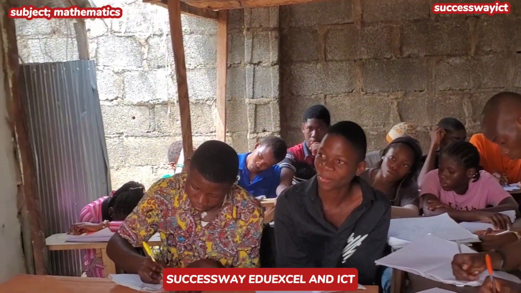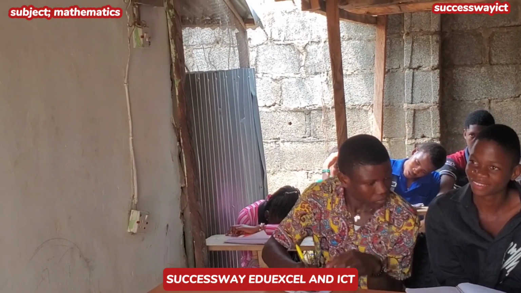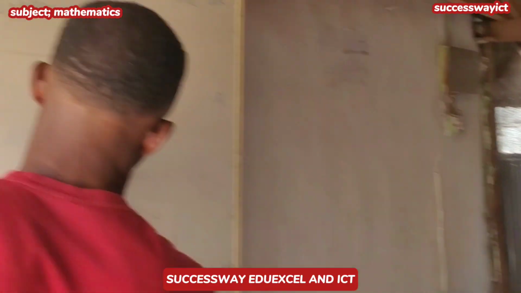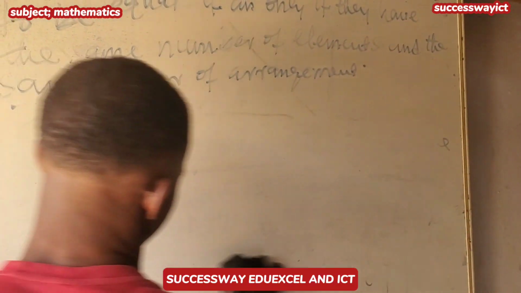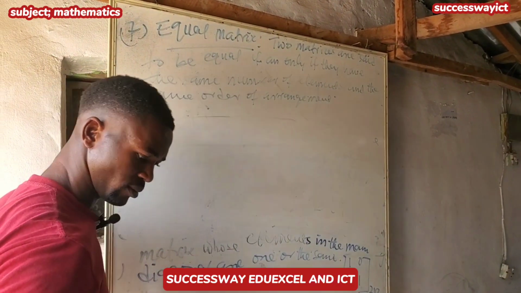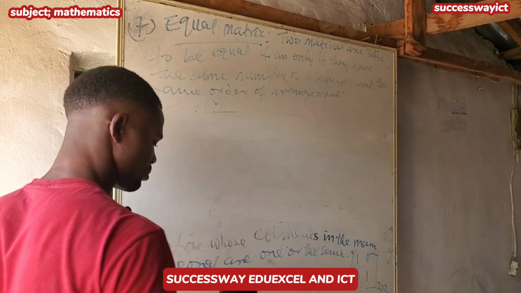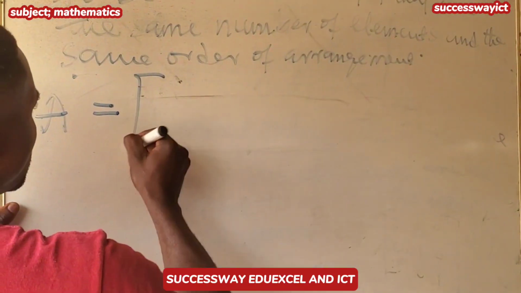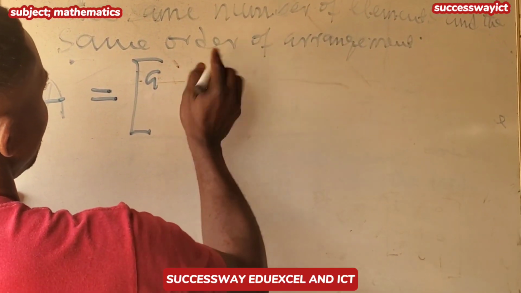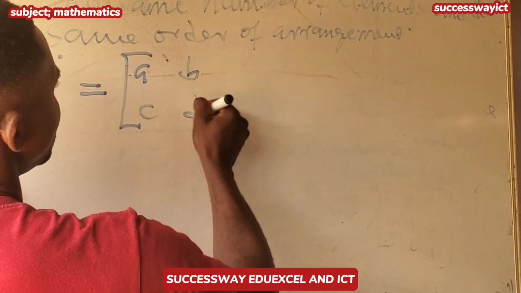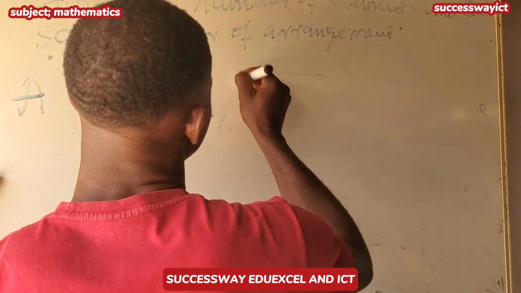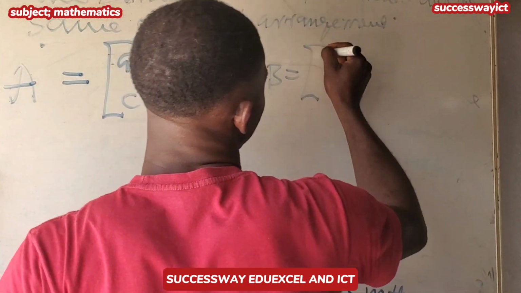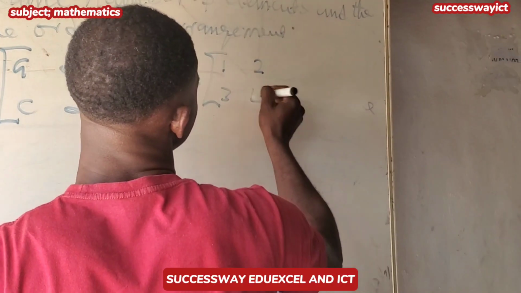Let me give you an example. If we have matrix A equal to A, B, C, and D, and then we have matrix B equal to 1, 2, 3, 4.